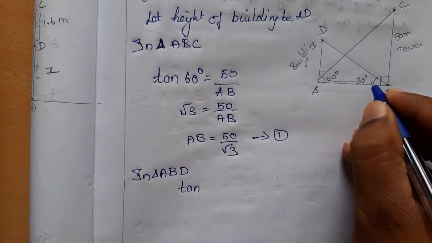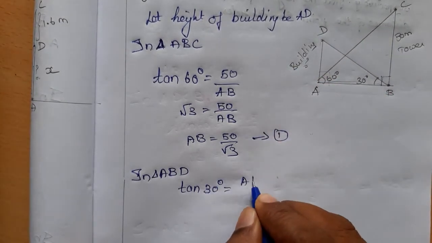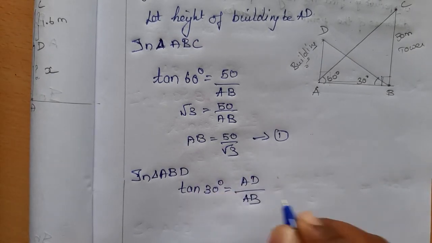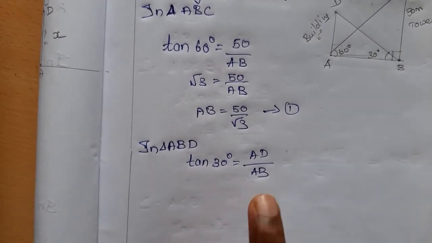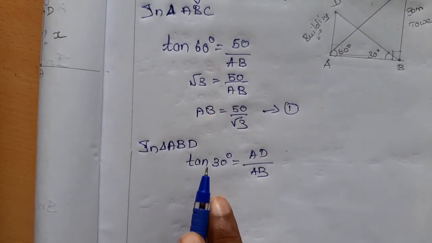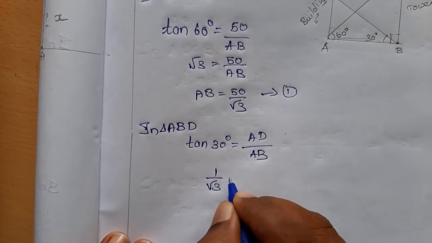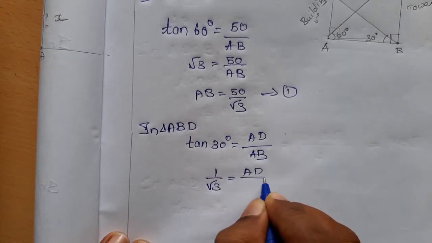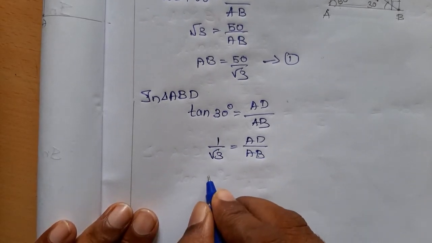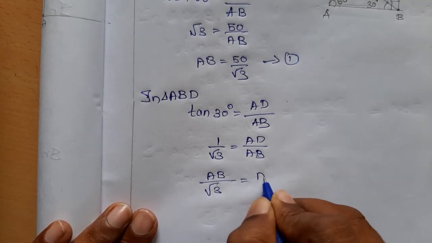So tan of the angle made, 30 degrees, is equal to the opposite, the building AD, divided by the adjacent AB. So tan 30 is 1 by square root of 3, equal to AD divided by AB. Let me take AB across, it will become multiplication. So AB by square root of 3 is equal to AD.